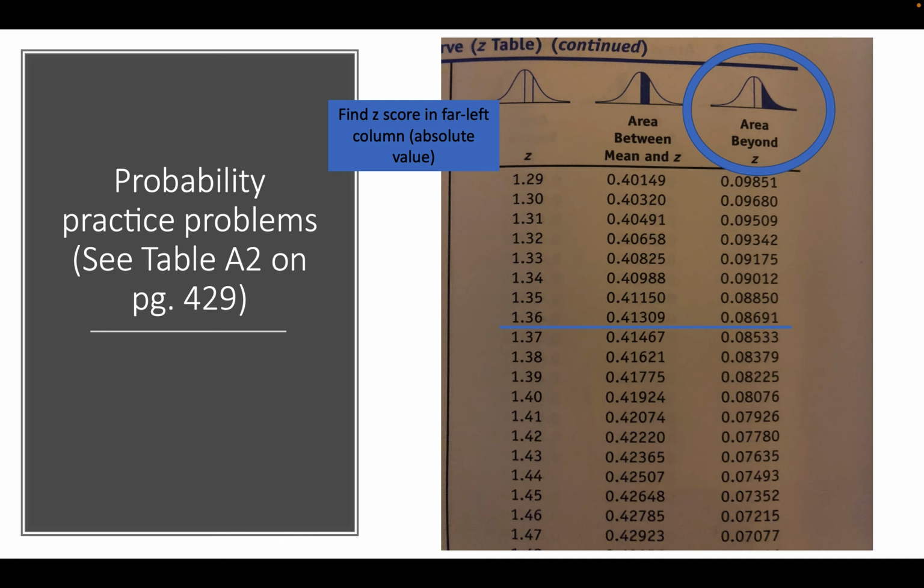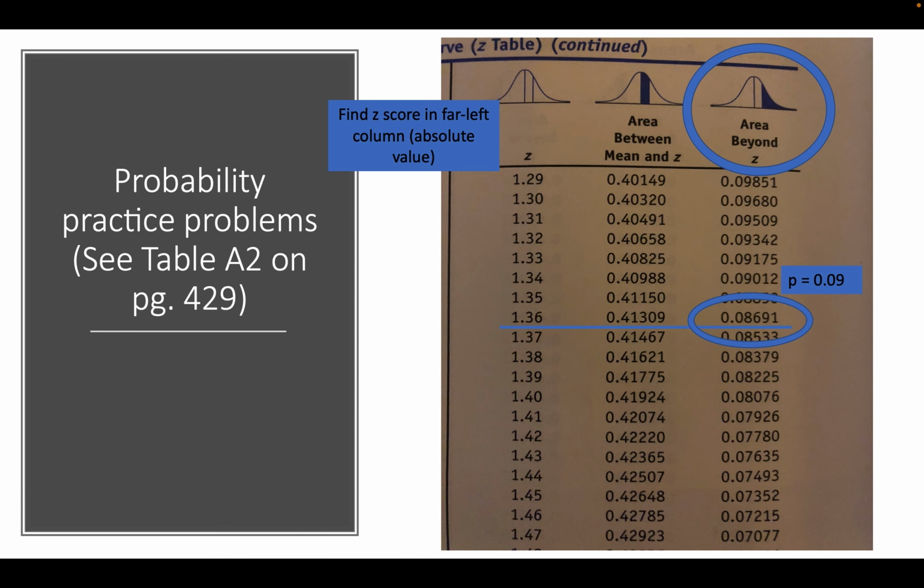And as you can see here, that score is equivalent to 0.08691, and we round to 2 decimal places in this class. So that gives us a probability value of 0.09. So the probability that someone scored better than the student we're referring to would be 0.09, right?